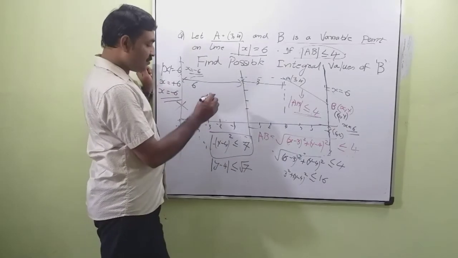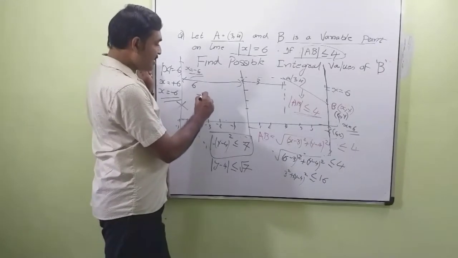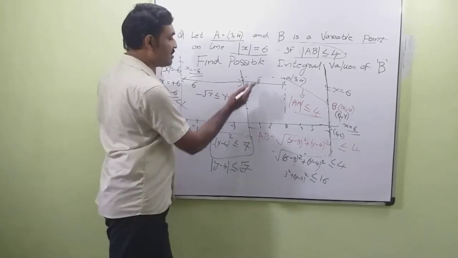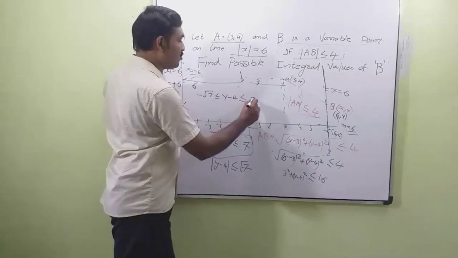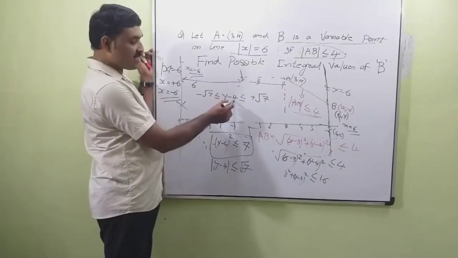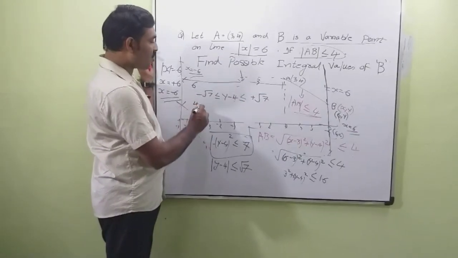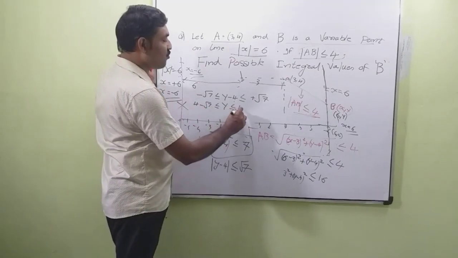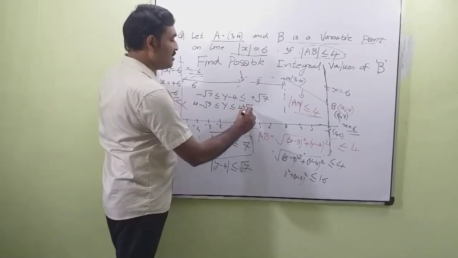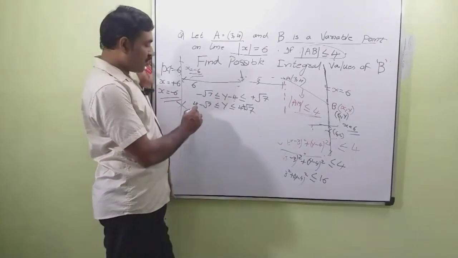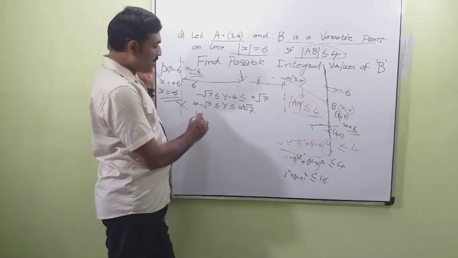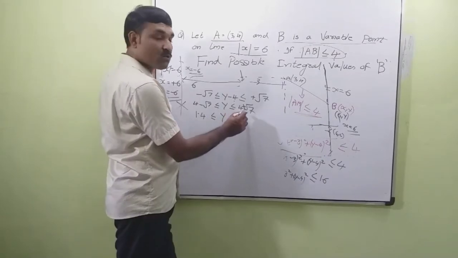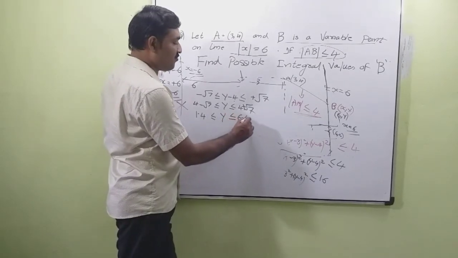Or we can write minus root 7 less than or equal to y minus 4 less than or equal to plus root 7. Now 4 is taken to this side. That becomes 4 minus root 7 less than or equal to y less than or equal to 4 plus root 7. 4 minus root 7 is approximately 1.4, so 1.4 less than or equal to y less than or equal to 4 plus root 7, which is approximately 6.4.